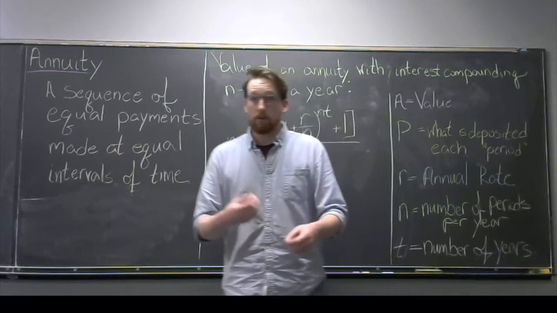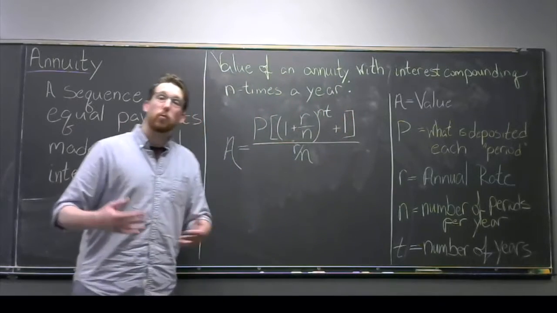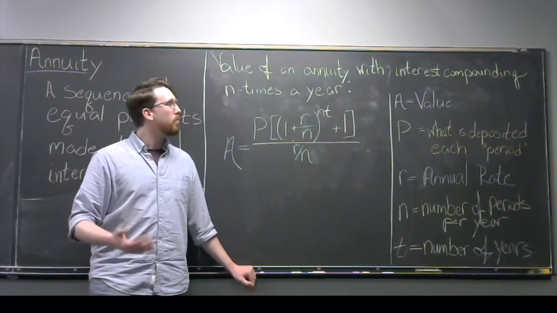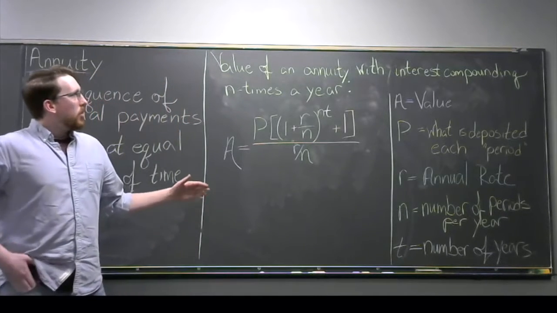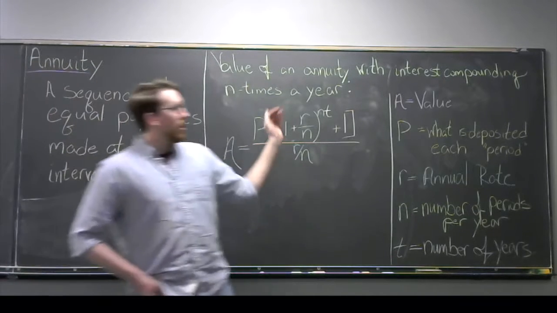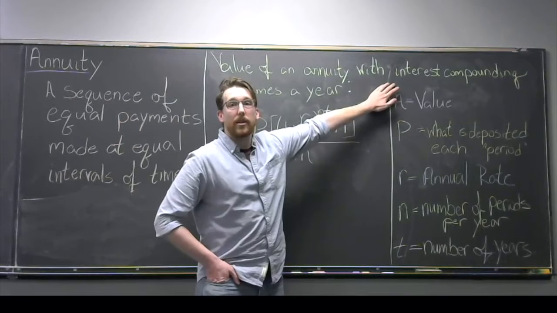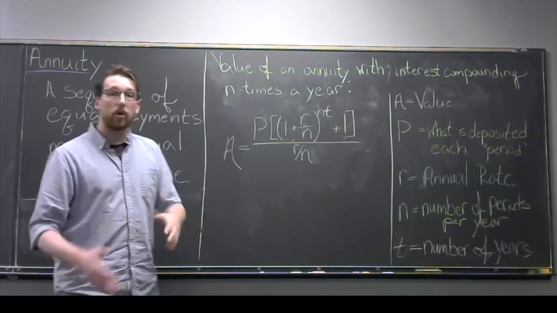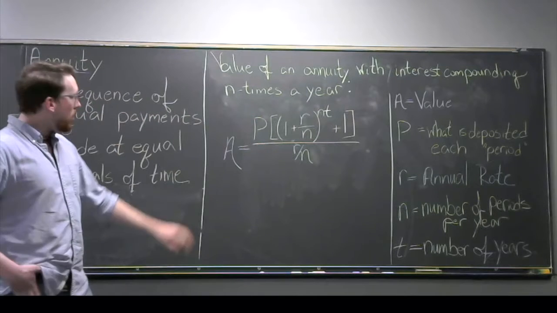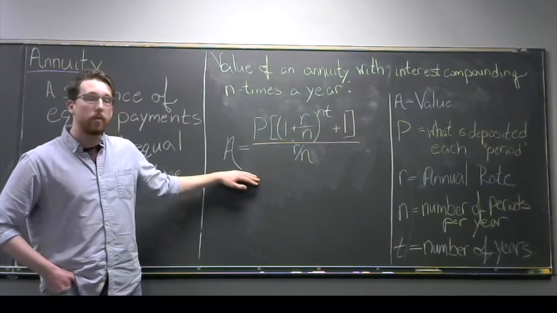One place we see annuities show up is with retirement plans, like an IRA, an individual retirement account. When calculating the value of an annuity on an account that's collecting compounding interest over n periods of time, we calculate that amount using this formula.